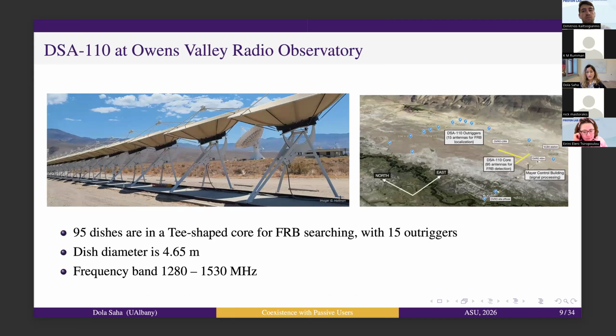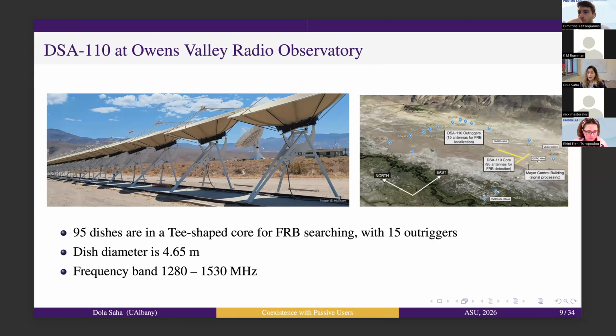So what is OVRO? OVRO is the Owens Valley Radio Observatory. This is in California. And these are the DSA-110 antennas. And as you can see, this is another antenna, but that is much farther out, much larger. These are smaller dishes, 4.65 meters. So not very small, but pretty small compared to the large dishes that you think of when you think of radio astronomy.